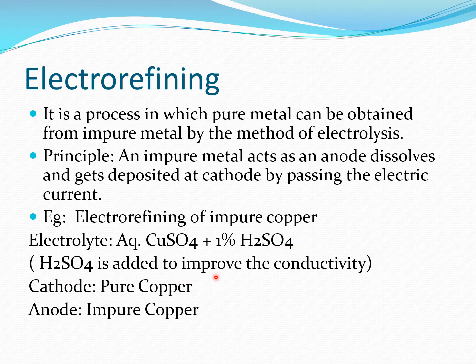Sulfuric acid is added to improve the conductivity of the electrolyte. Cathode is the thin plate of pure copper, and anode is made as impure copper bars.